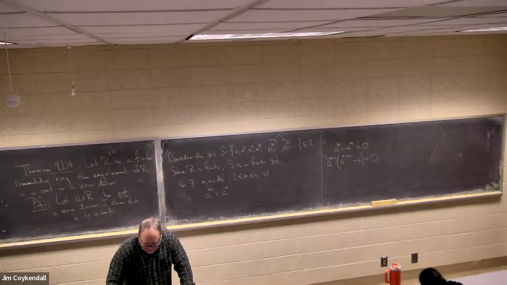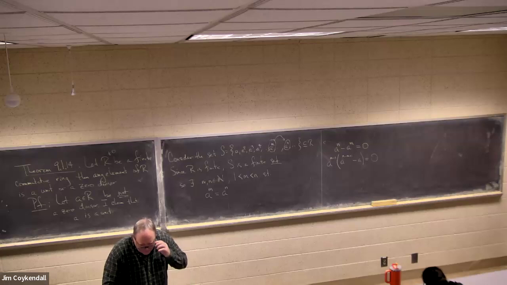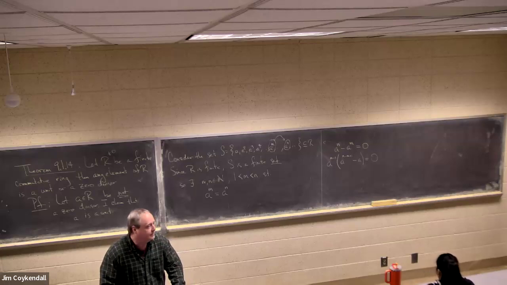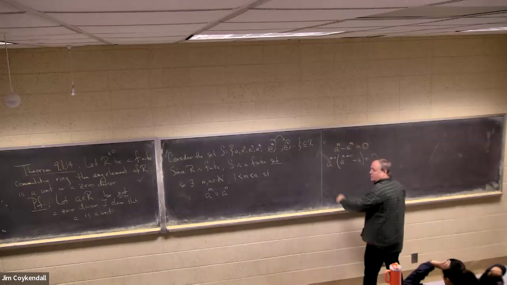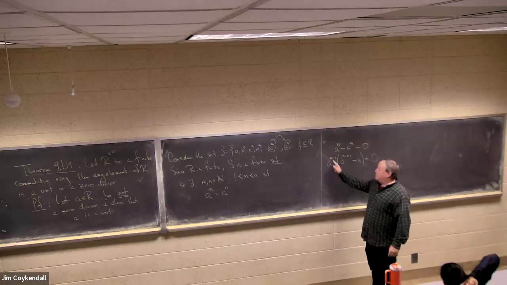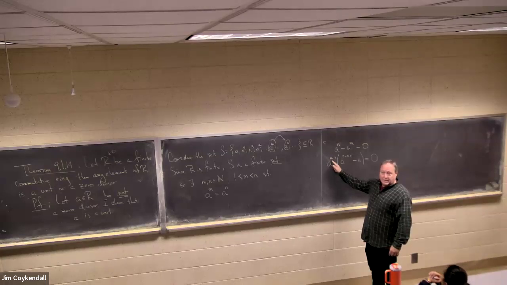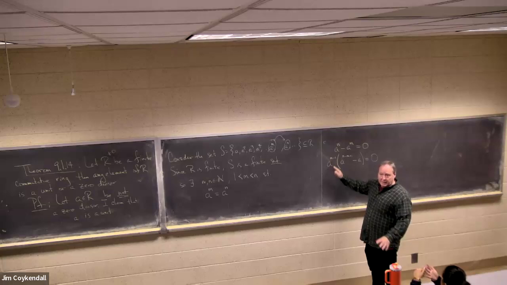Everybody okay with that? This is why I wanted n to be bigger than 1, because there's no guarantee that I have a to the 0 power. Remember, I'm not assuming that there's an identity. So I want to be careful with that. Everybody okay with that?